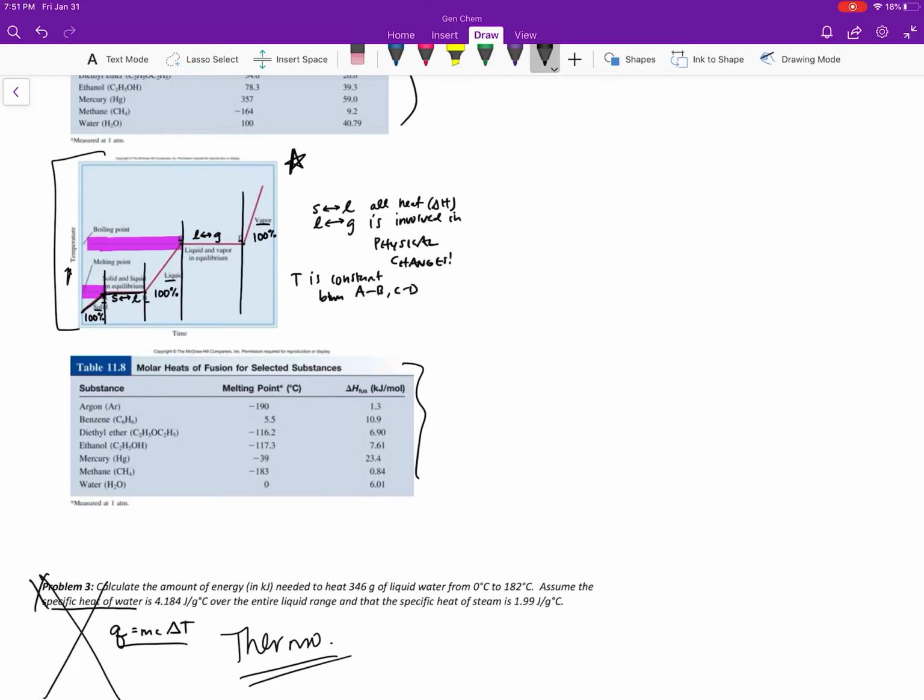Once all of the solid has become liquid, the heat being added in goes back to increasing the temperature. At 100 degrees Celsius, boiling will begin. So we start the transition between liquid and gas, and all the heat going in is only going into the phase change. Then once all the gas is formed, the heat going into the system would only result in an increase in temperature. So this was an important thing we talked about.